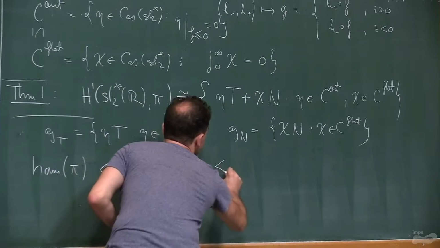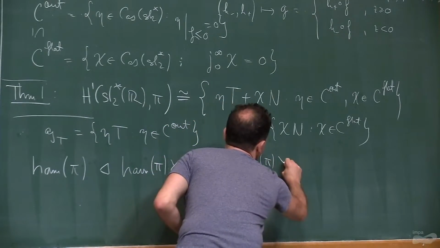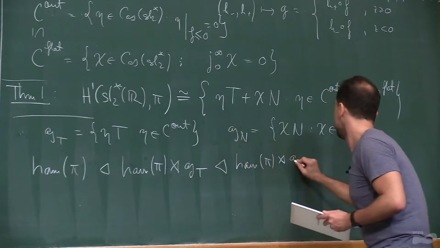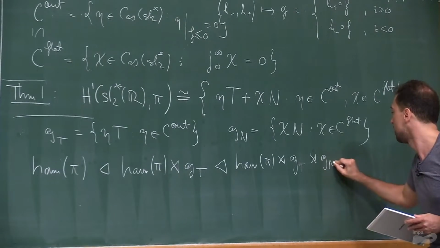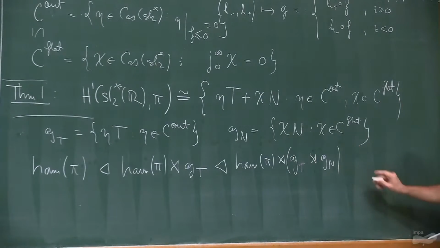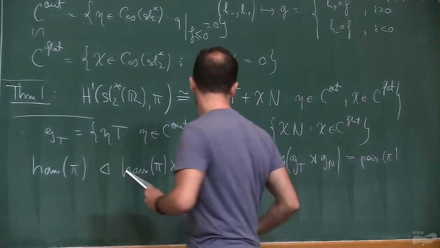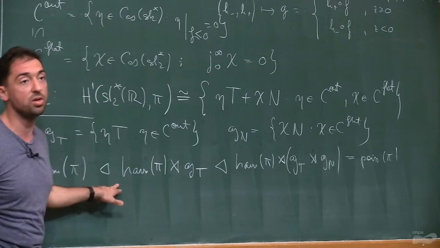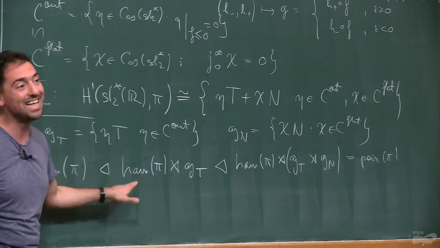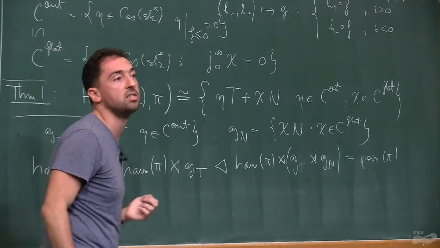And this is an ideal then in Hamiltonian of π semi-direct product with G_T, semi-direct product with G_N, which are all the Poisson vector fields of π. So this really forms a subalgebra, and the objects that you obtain here are all the Poisson vector fields that are tangent to the symplectic leaves.